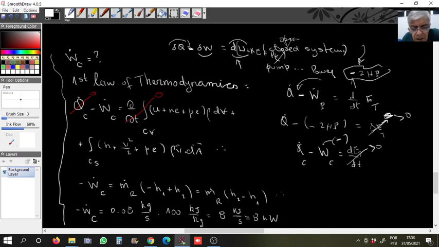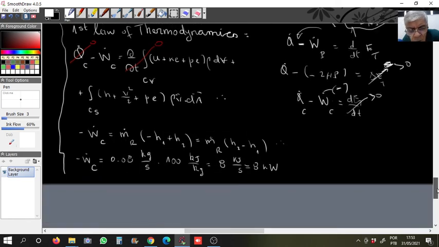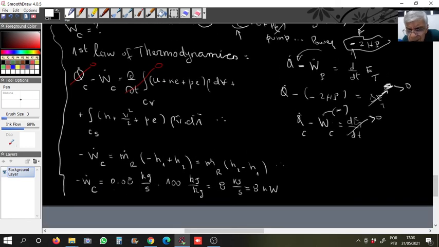Then I'll apply this. You have inflow, do you remember that? I have one here and two here. Here I have inflow, here I have outflow.